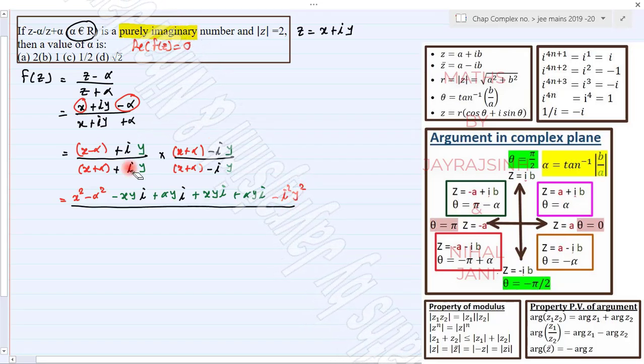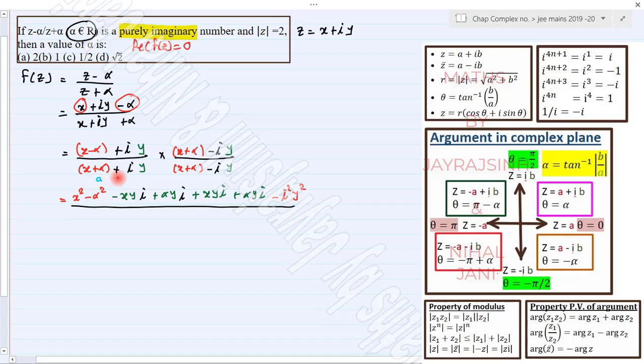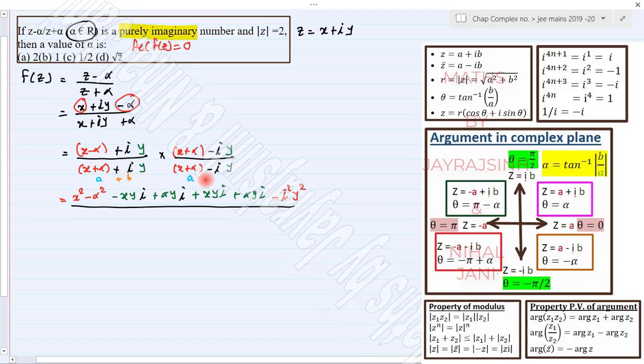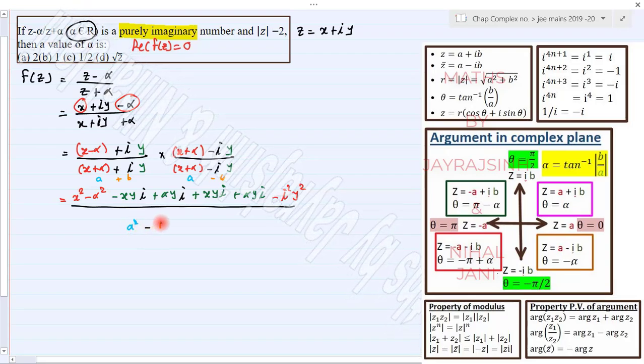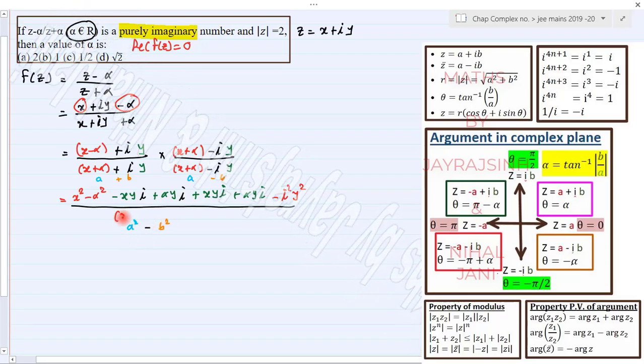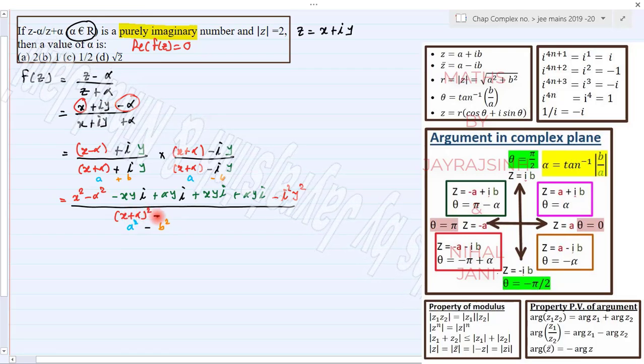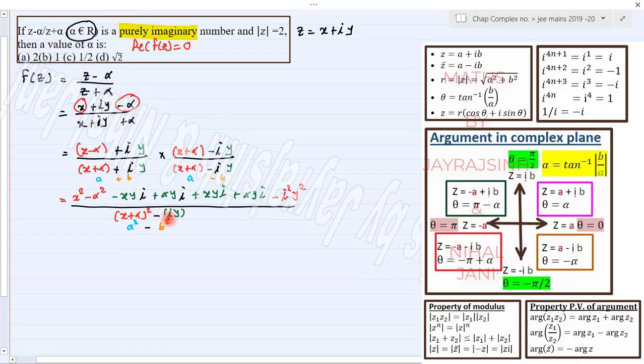In the denominator we have the form a plus b into a minus b, which becomes a square minus b square, or we can say (x plus alpha) the whole square minus (iy) the whole square.